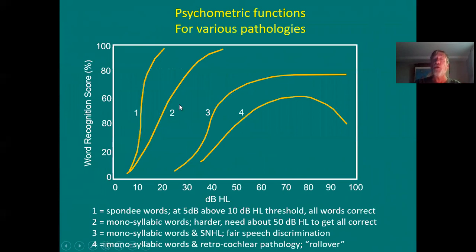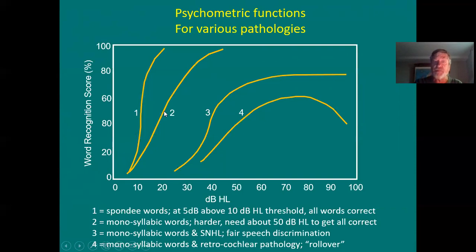So for someone with normal hearing, okay, single syllable words, if I'm reading them at 5 dB, he's going to get none. If I read them at 10 dB, he's going to get only a few. See? Single syllable words. 15 dB, he's going to get about 25% correct.